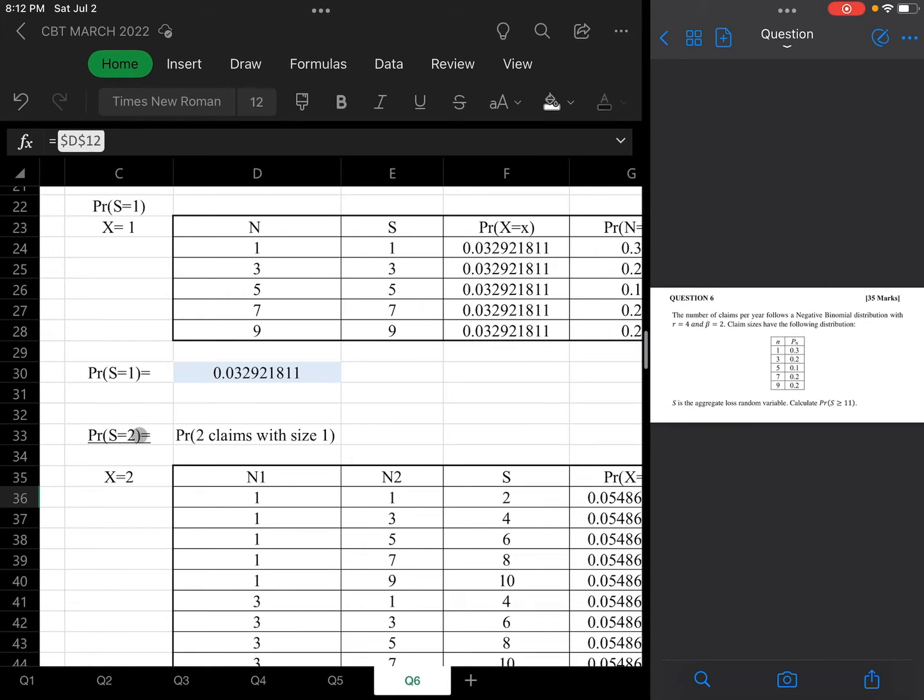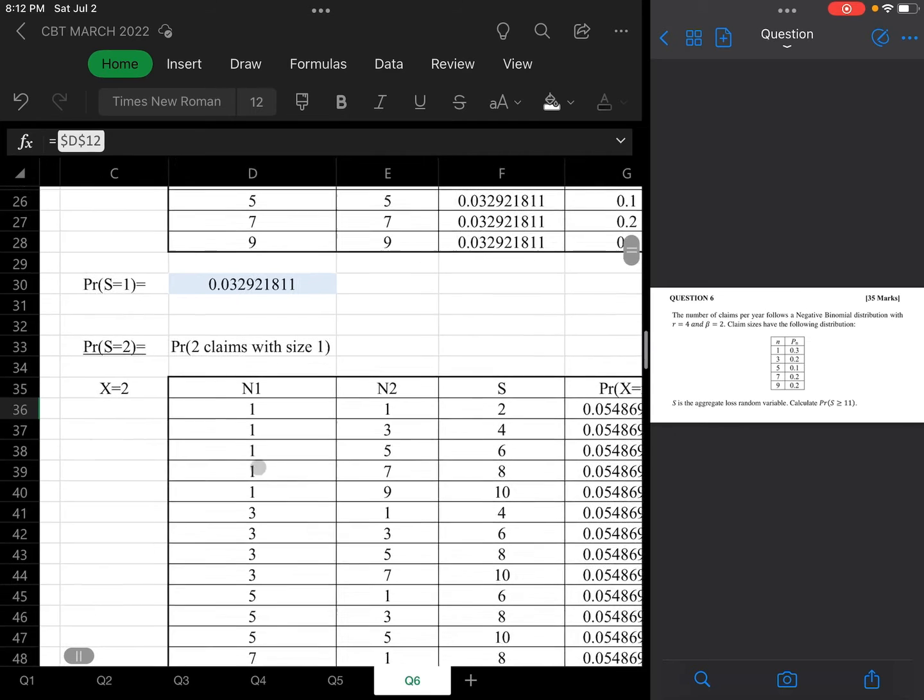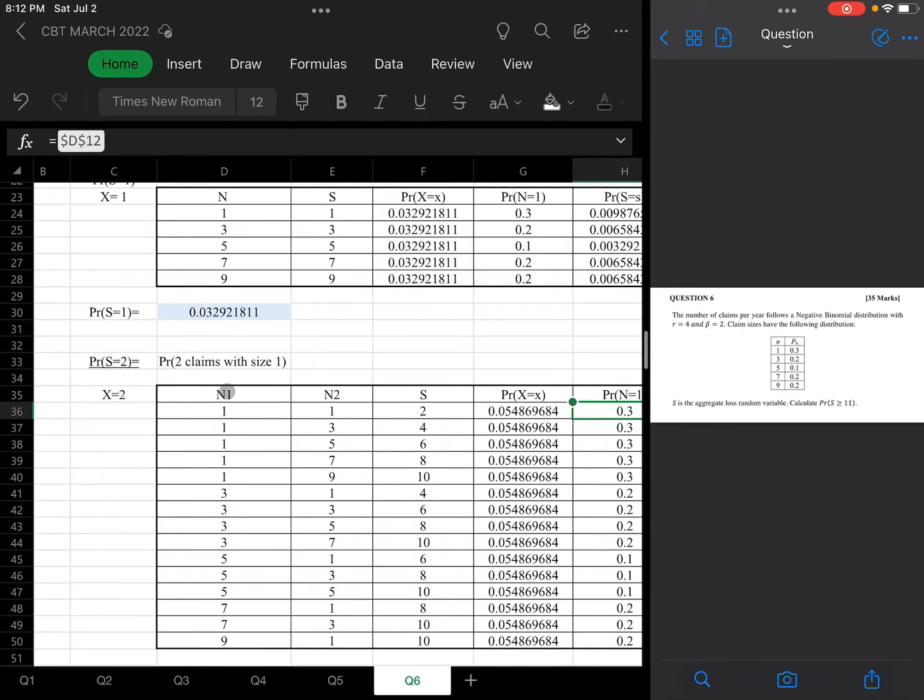Moving on to the probability of s equals 2. The probability of s equals 2 basically means the probability of two claims with claim size 1. So this can be found by finding n1, n2. n1 can take the following values and n2 will take the following values.